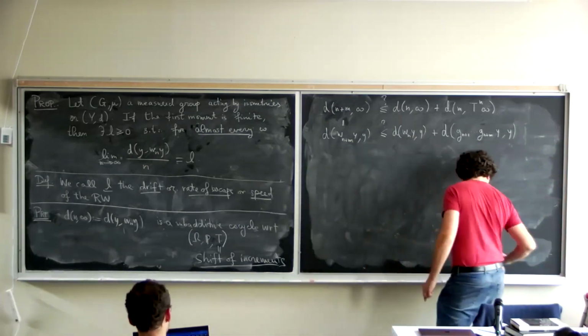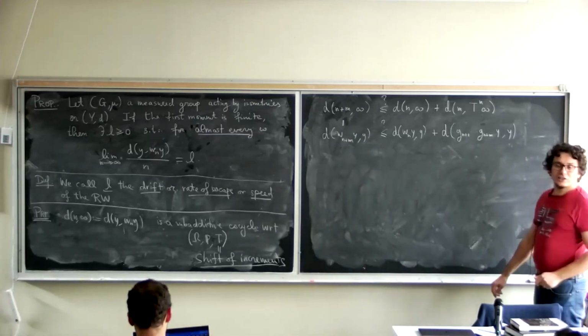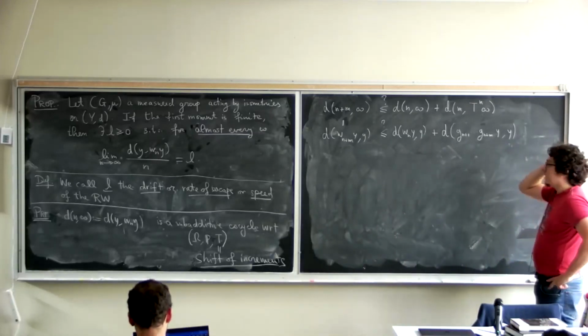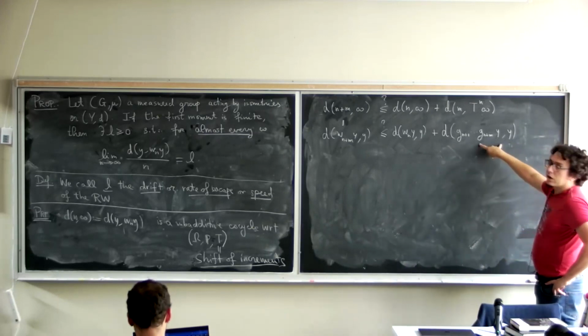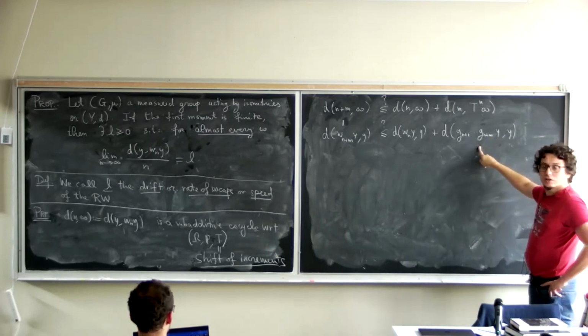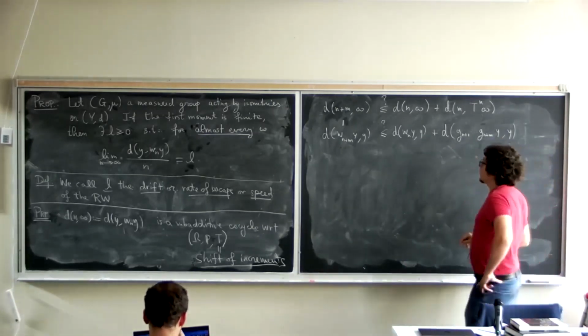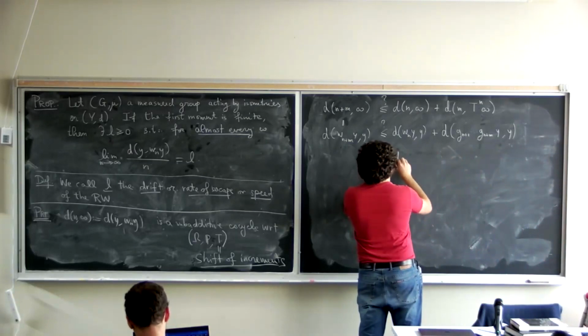We need to use two things, actually. The triangle inequality seems always to be useful. And also, exactly, we want to use the fact that we are acting by isometries. So we can rewrite this exactly like that.